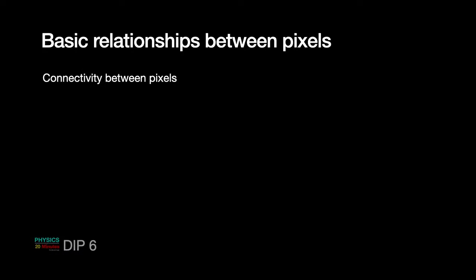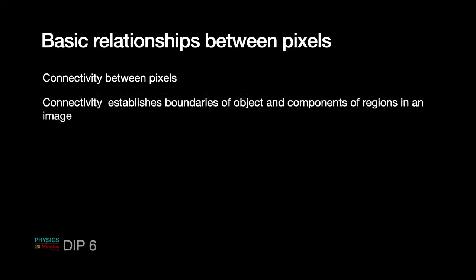Now we can look at the connectivity between pixels. Connectivity is important. Most image processing algorithms use the connectivity between the boundaries of objects and components of regions in an image.